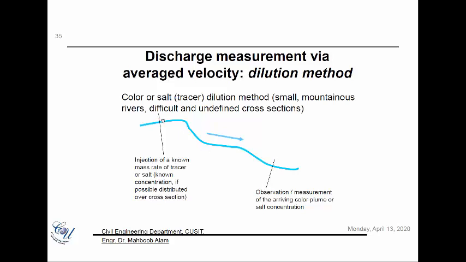Because we know the amount of tracer that we introduced into the river, that is already known. The concentration is also known. We have the other values, and we can then find out the discharge.